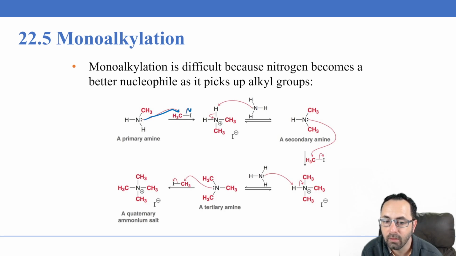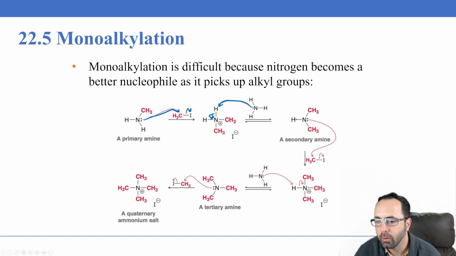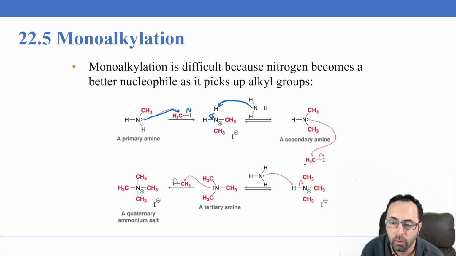So we have another SN2 that results in the installation of another methyl group, and then the deprotonation again to return us to the neutral amine, because this nitrogen with 4 bonds and no lone pairs has a positive formal charge. We remove the proton here, we have 3 bonds and 1 lone pair, which returns nitrogen to 0 formal charge.